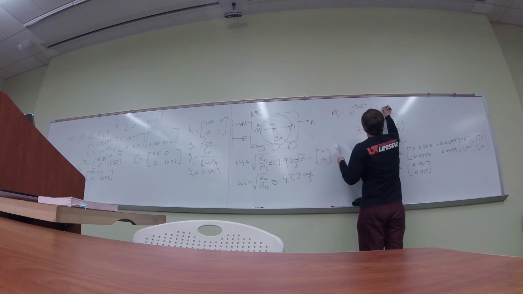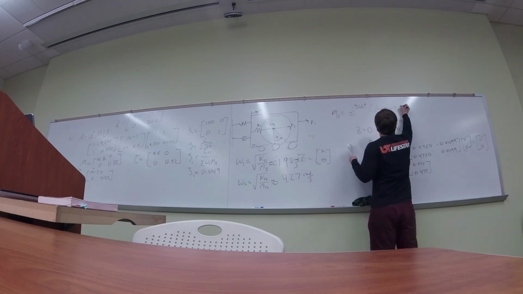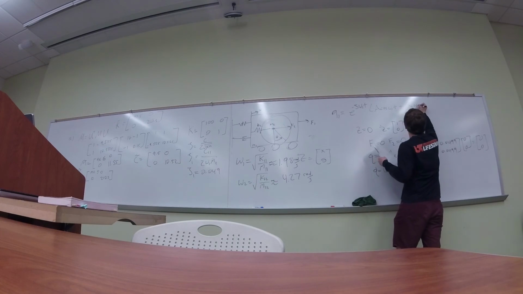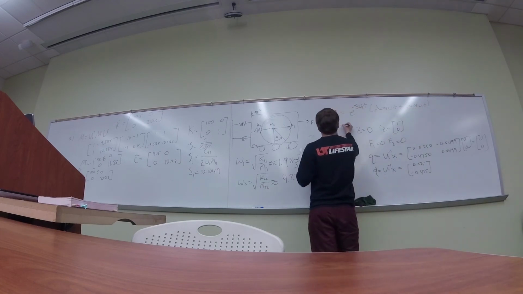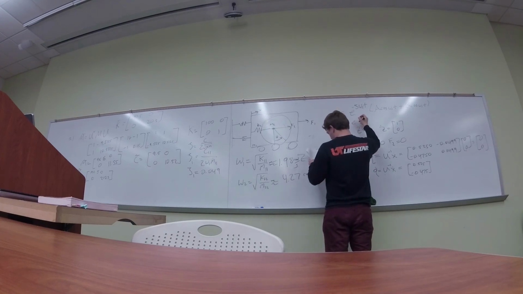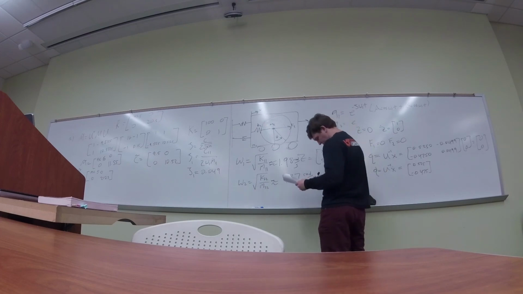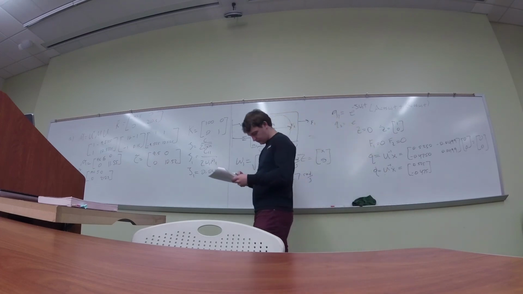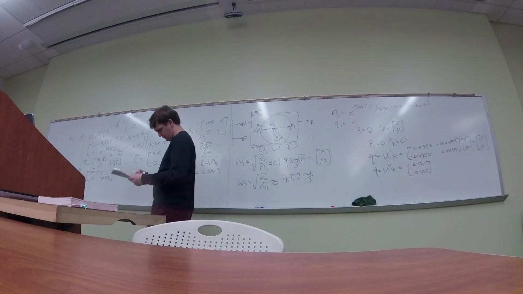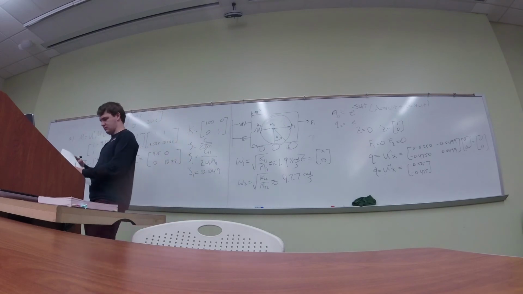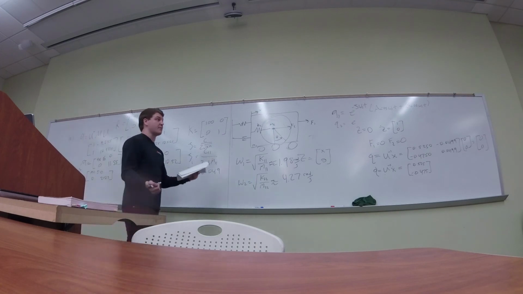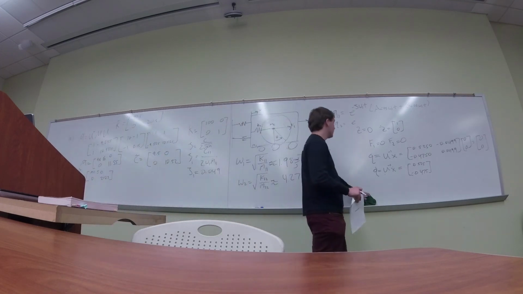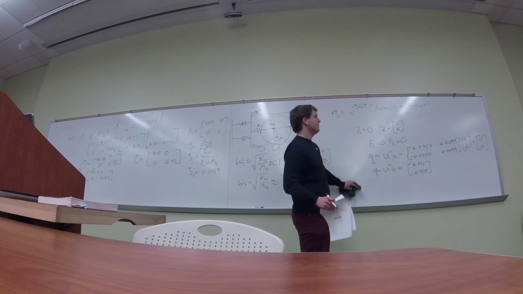You say a cosine omega 1 t plus b sine omega 1 t here, and then Q2 is going to be e to the, are we only looking at that? Oh yeah, and so we're only going to look at that because we're only looking at the first mode. So you're not worried about Q2 from here.